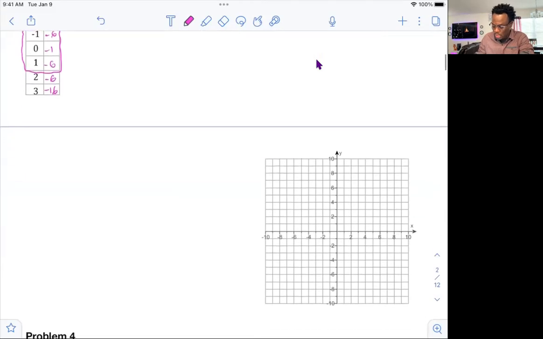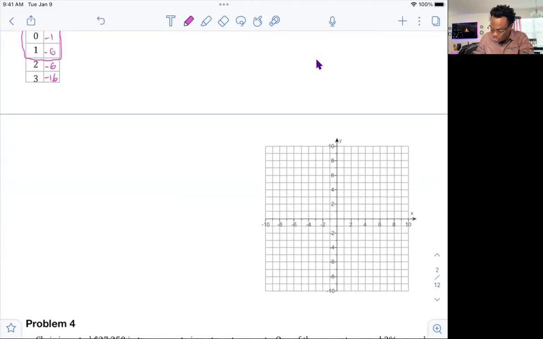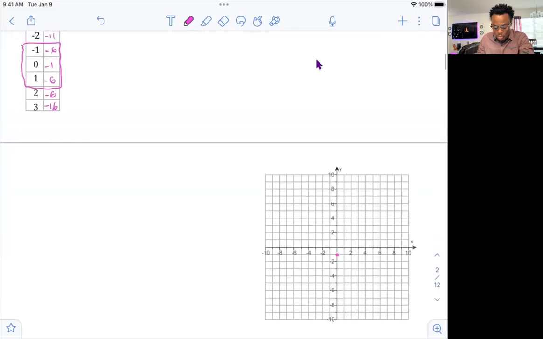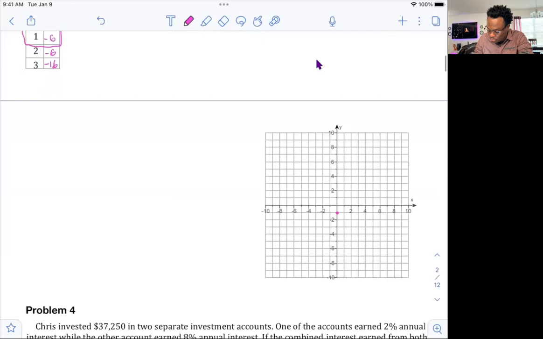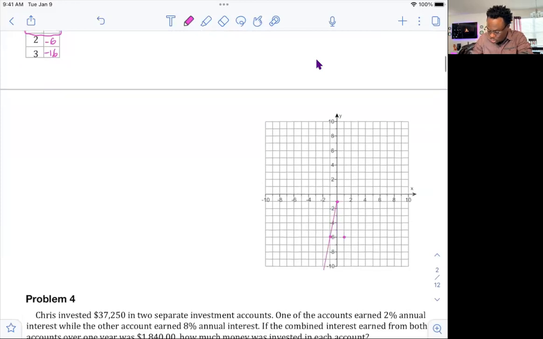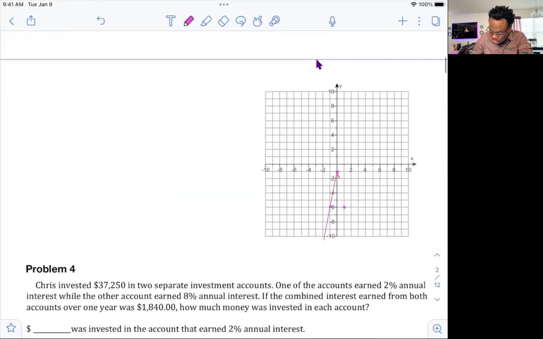So X equals 0, Y equals -1 will go here, and -1, -6, and 1, -6, and then I can connect the dots to follow the pattern just like it is here, and then we'll do the same thing for the other pair.